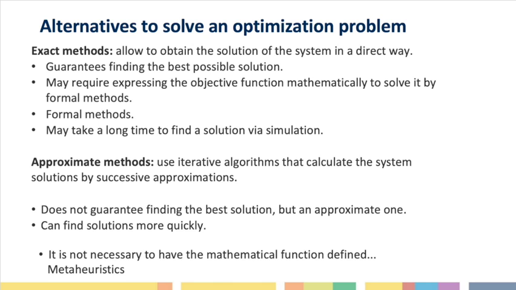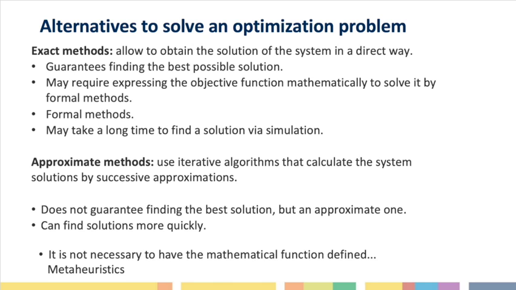Instead of that, what they do is to look for what we know as local optimums, which are close solutions to the global solution. So it does not guarantee finding that optimal solution, but an approximate solution. But the advantage is that the solution can be found faster, which can also be important in what we want to develop.